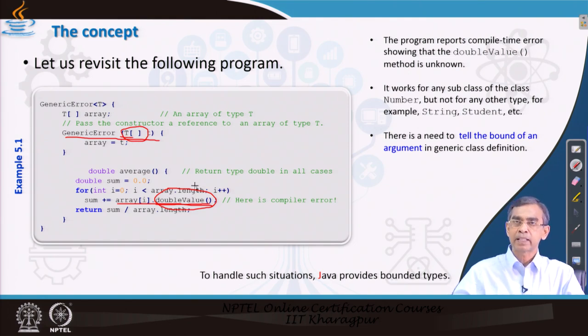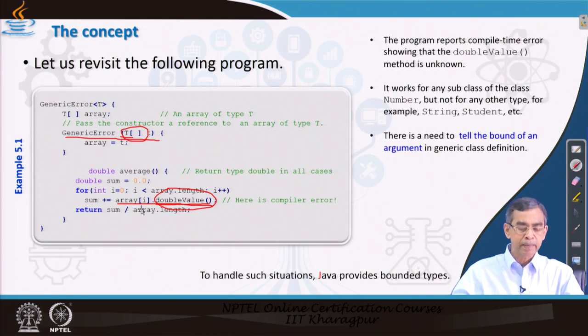Now, this doubleValue method is in fact defined in a class called Number. You know, if a method is defined in a class, then any object which is of that class or a subclass of that class can access this method. This means that the doubleValue method is defined in the Number class and its subclasses like Integer, Double, Float, Long, Short; all these are subclasses of the Number class.